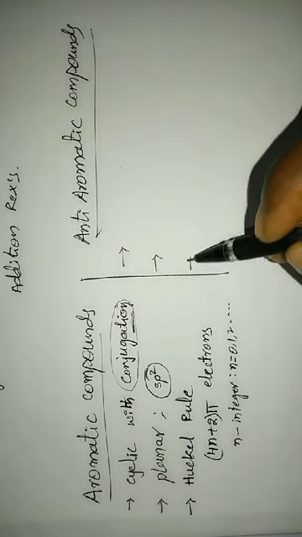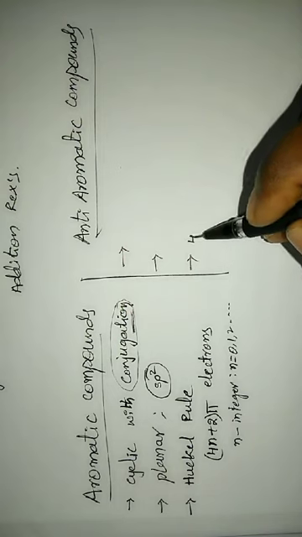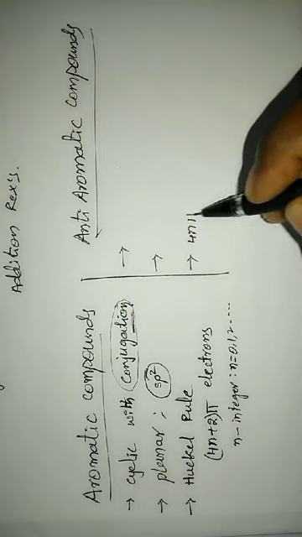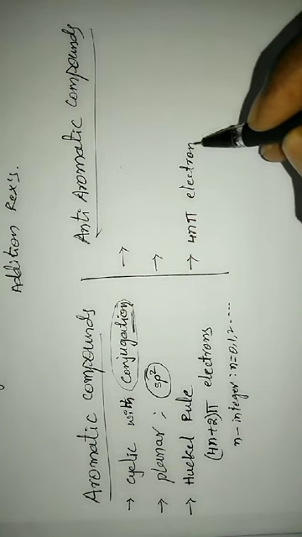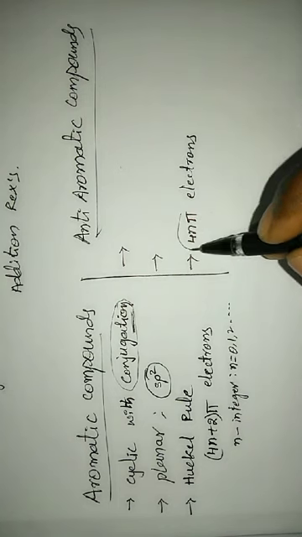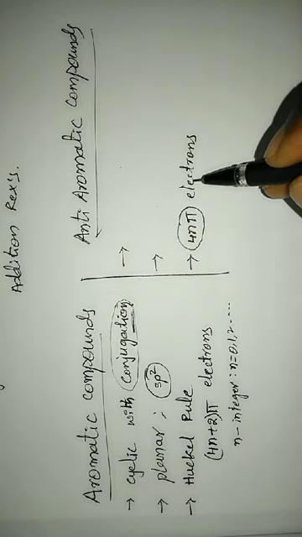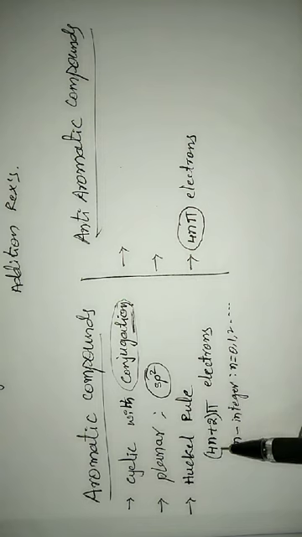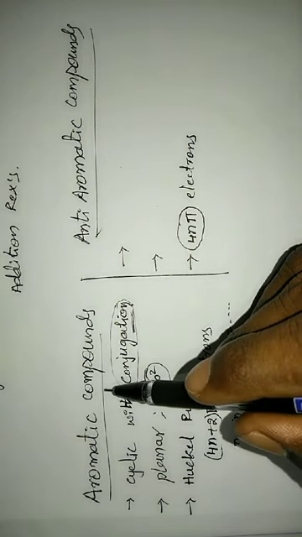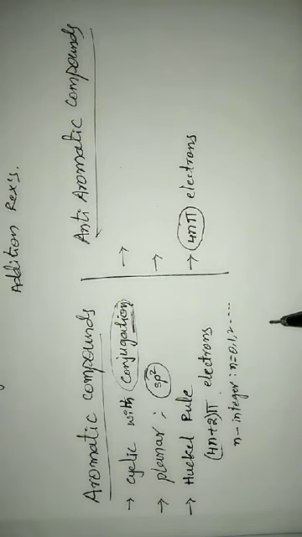Next, by Huckel rule, a molecule with 4n pi electrons is anti-aromatic, and a molecule with 4n plus 2 pi electrons is aromatic.